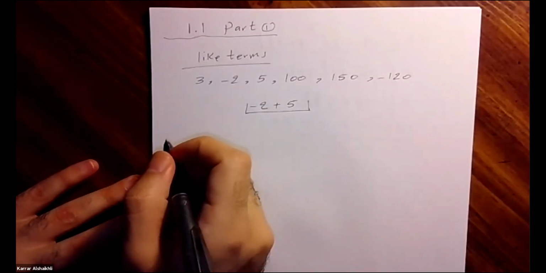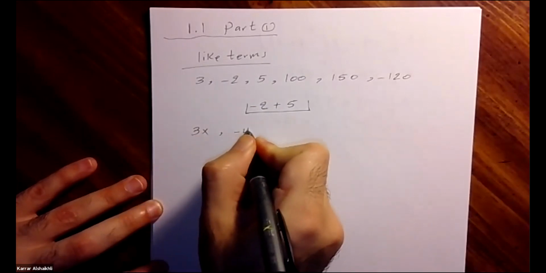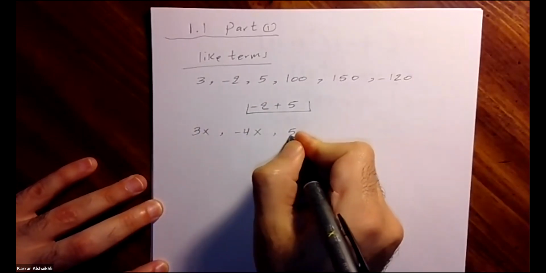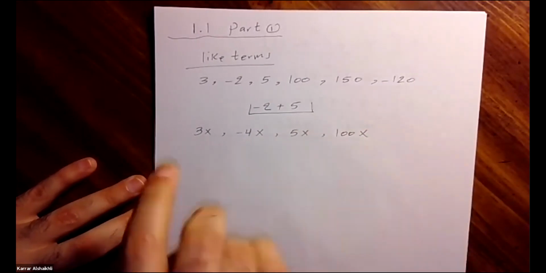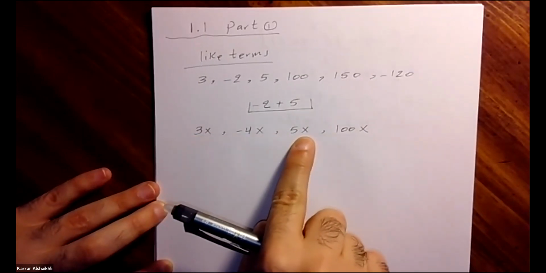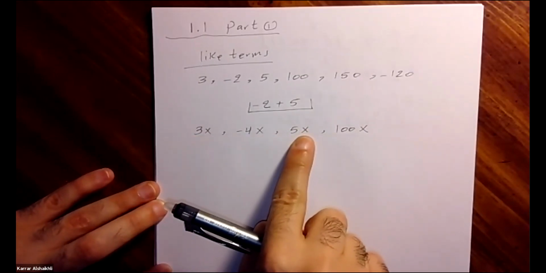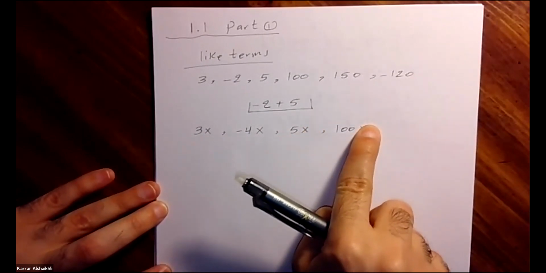Here's another example of like terms. We have 3x, -4x, 5x, 100x. Now we have a number with the variable, a number with the variable, a number with the variable. And if you check the variable, it's x with exponent 1, x with exponent 1.